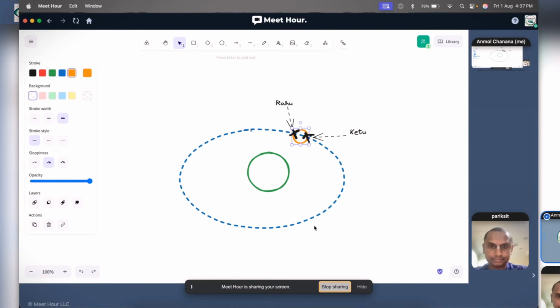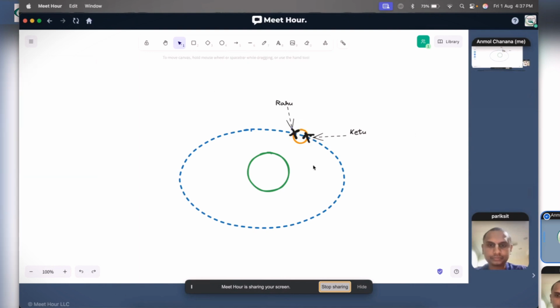Since this is an oval shape, not a circle shape, they can be closer to the Moon, they can be away from the Moon, depending upon the degree. But one thing is for sure, Rahu and Ketu will always be opposite to each other in the chart. If Rahu is in the first house, Ketu will be in the seventh house, 180 degrees. If Rahu is in the second house, Ketu will be in the eighth house.